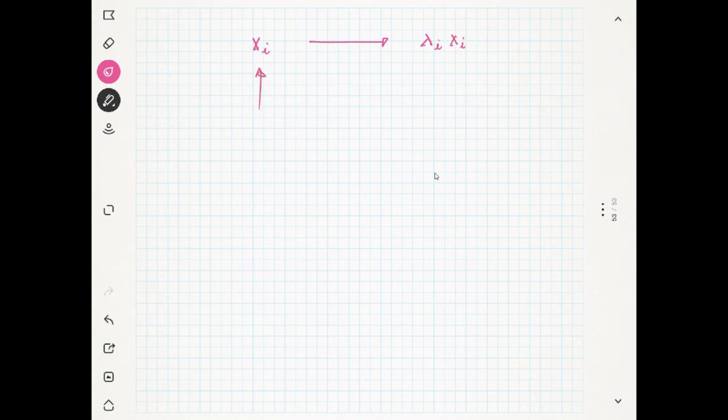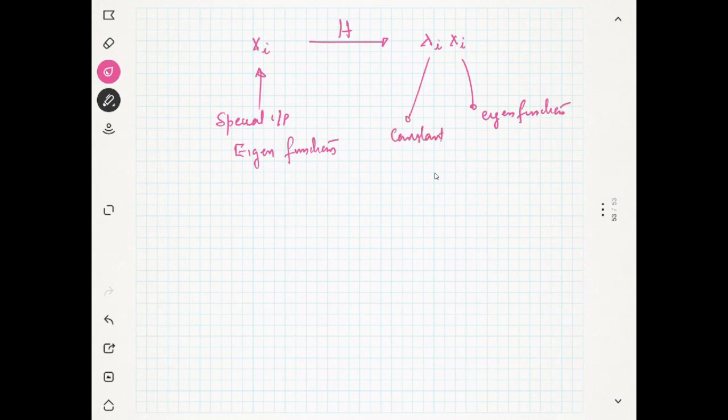These special inputs are called eigenfunctions. When you give an eigenfunction to a system H, you get lambda I into xi at the output. The eigenfunction does not change, but it is multiplied by a constant, and that constant we will call the eigenvalue.